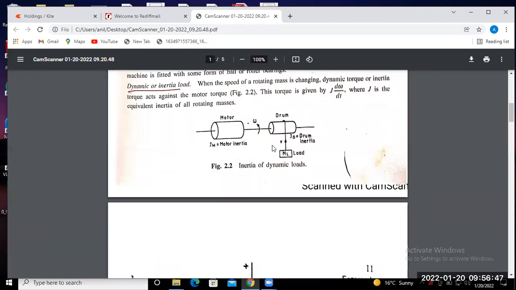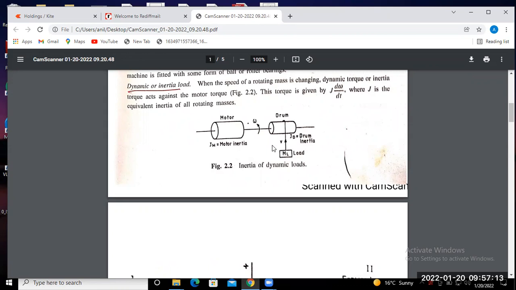Okay. So these are the basic types of load, that means the loads that act when you drive any particular load. And next we want to discuss the four quadrant speed torque characteristic.